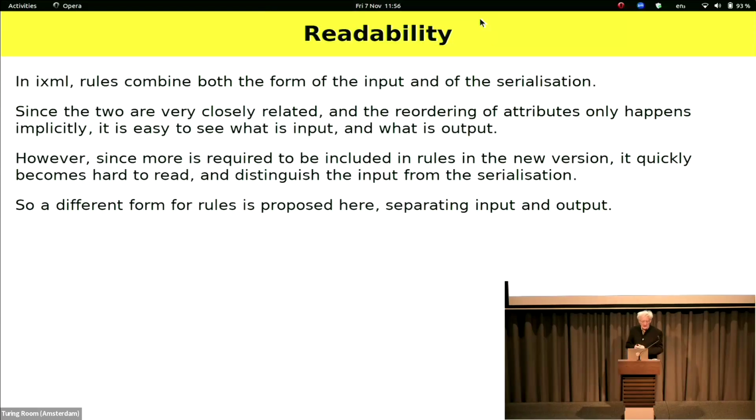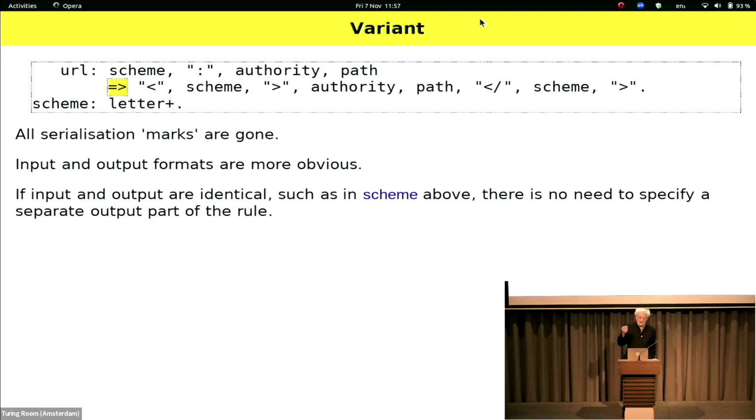It's all in the one place, and it's fairly easy to understand. However, with the new version, the IML version, let's call it, more is required to be included in rules, and so it quickly becomes hard to read to determine what the input is and what's the serialization. So what I'm proposing now is to do a different form for rules where you separate the input and the output.